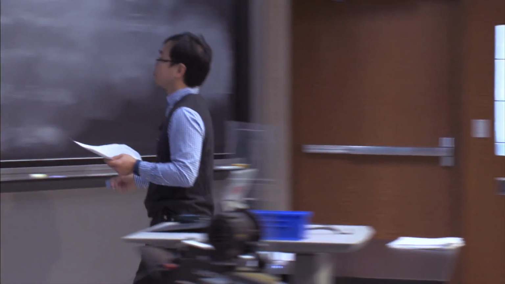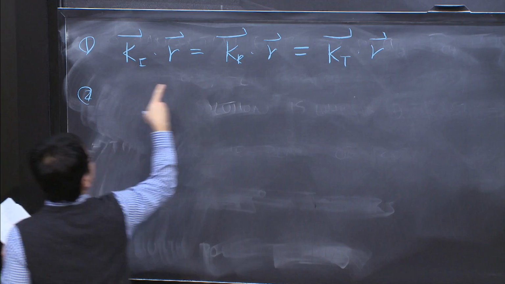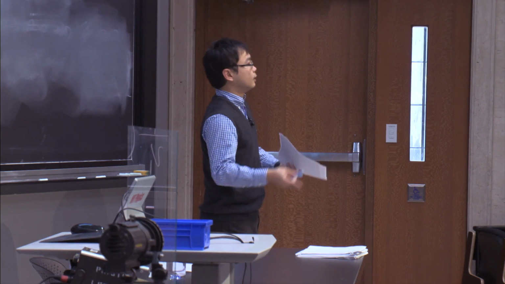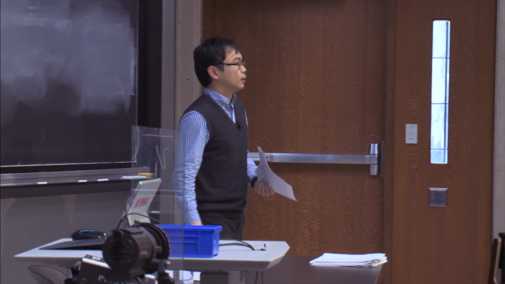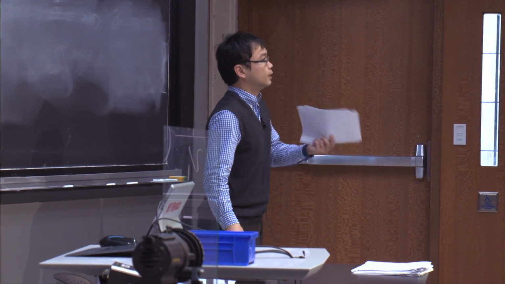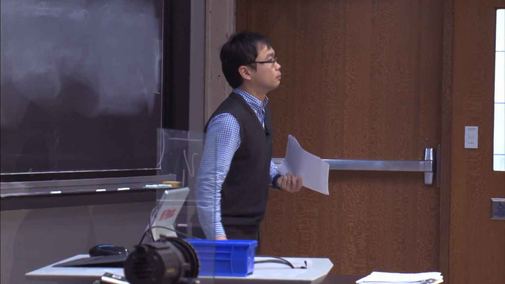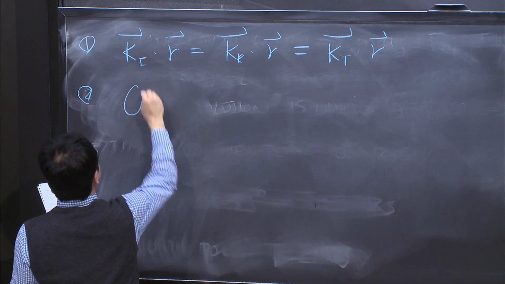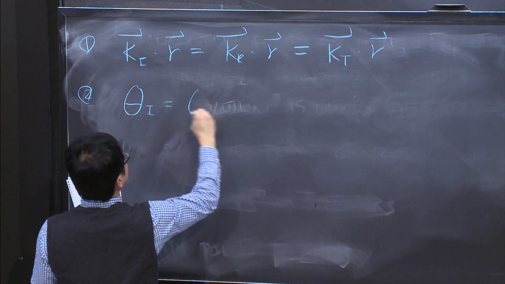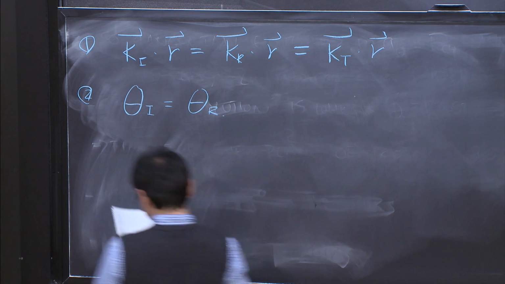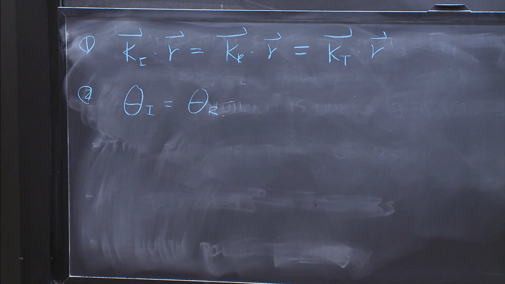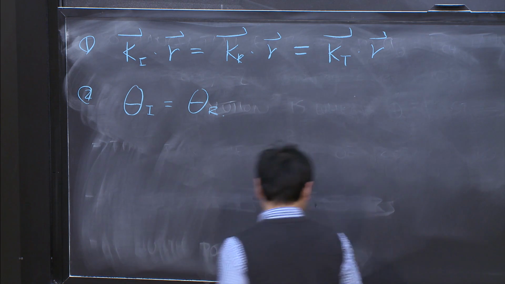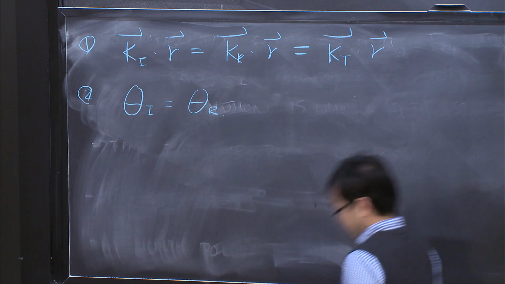Snell's law. If this expression doesn't hold, then the total electric fields on the left-hand side and right-hand side don't match at the surface z equal to 0. The second thing we learned is that theta I equals theta R. So that's what we learned from the previous lecture.